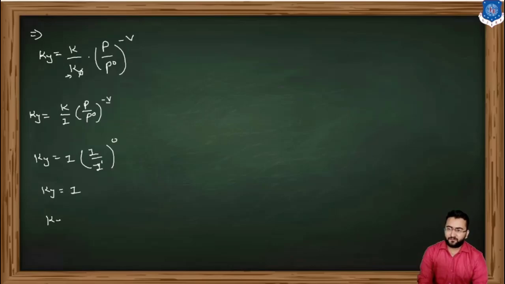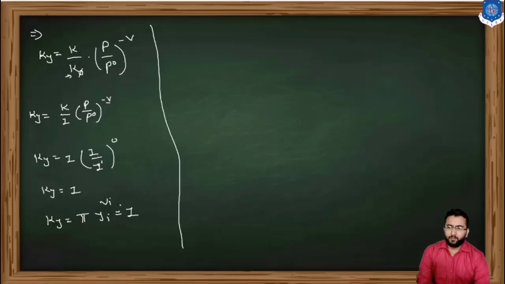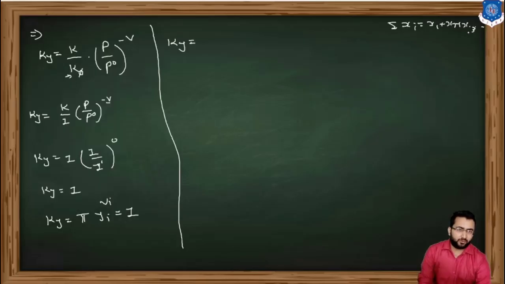Now what is the meaning of Ky? Ky is equal to capital Pi of yi whole raised to vi, which is equal to 1. Now I have to put the values of yi. What is the meaning of capital Pi? Capital sigma of xi means x1 plus x2 plus x3 and so on.